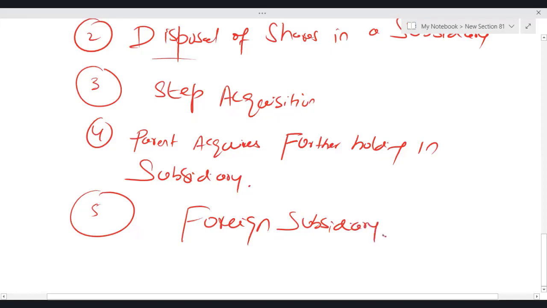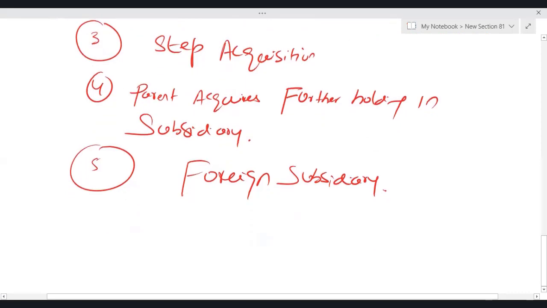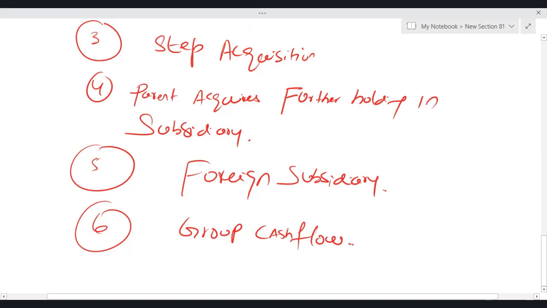In case of foreign subsidiary, how to do the group accounting? And never forget group cash flow. So these are the areas which you have to have a really good grip.